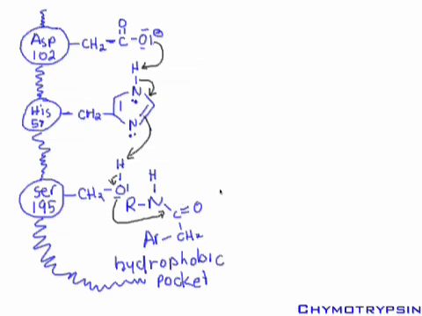And you push the pi electrons out and then the pi electrons come and kick out the N. So effectively what happens is the N leaves.